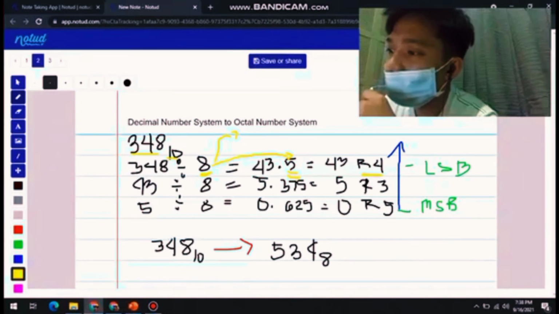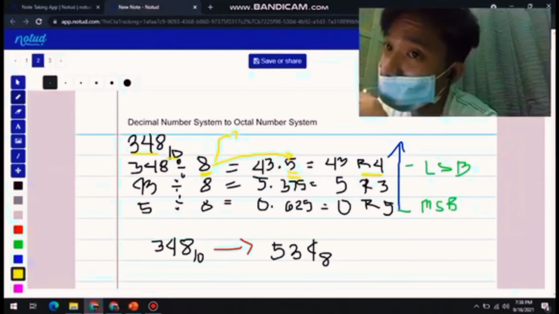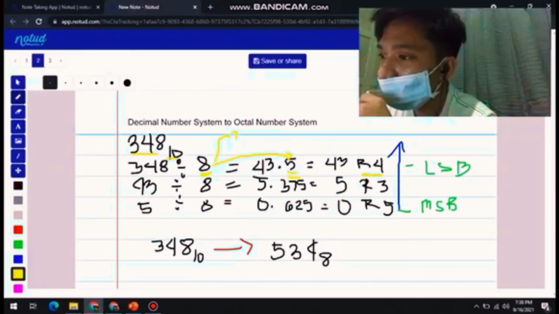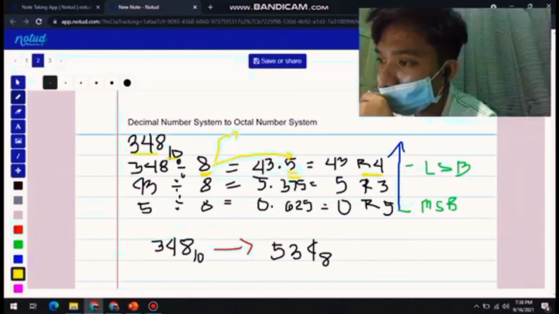So 8 multiplied by 0.5 is equal to 4. Now let's continue. 43 divided by 8 is equal to 5.375.